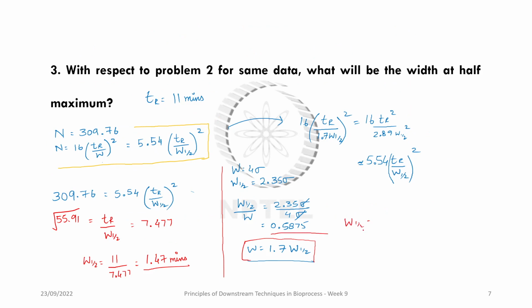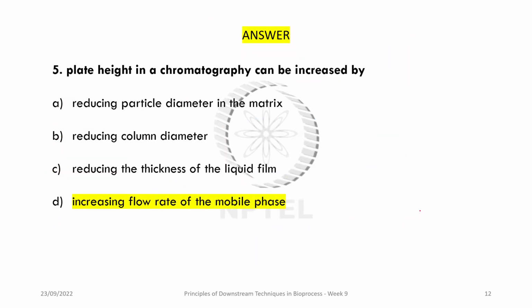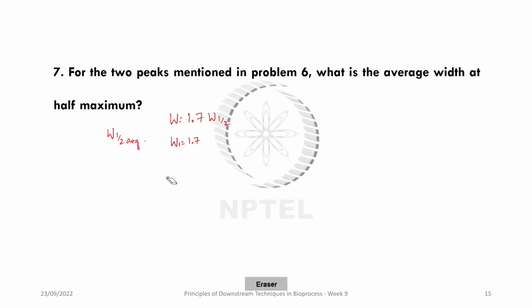So W half is equal to 0.5875 into W, right? Let's use this also. W half of 1 is equal to 0.5875, correct, of W1.